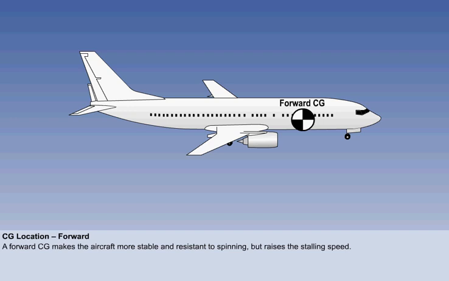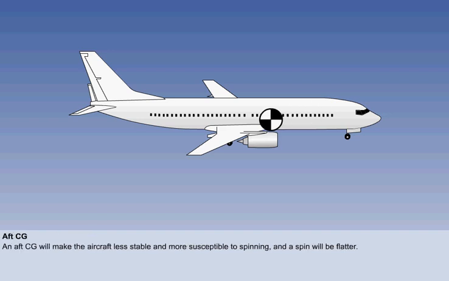The aircraft will be easier to trim, but its stalling speed will be higher than with a neutral or aft CG. A CG towards the aft limit decreases longitudinal static stability and reduces pitch control forces, which tends to make the aircraft easier to stall.